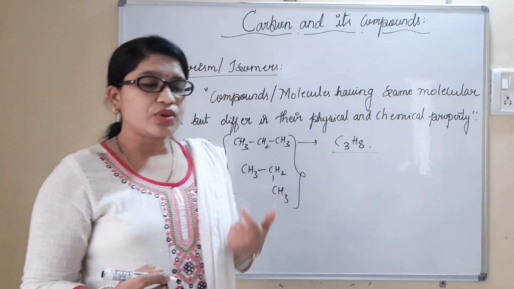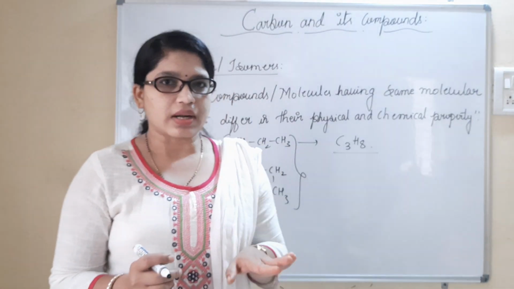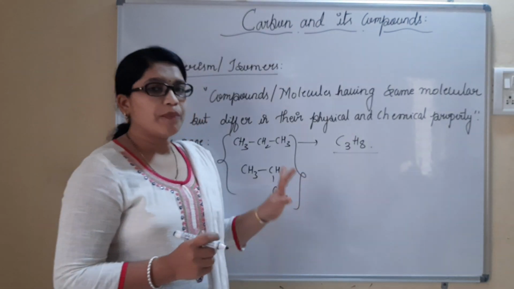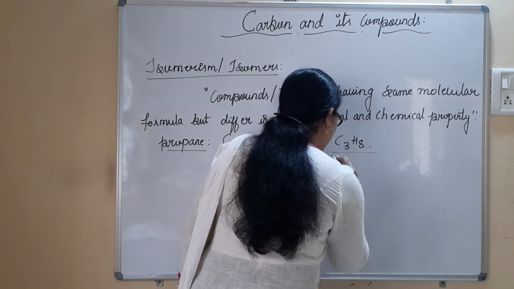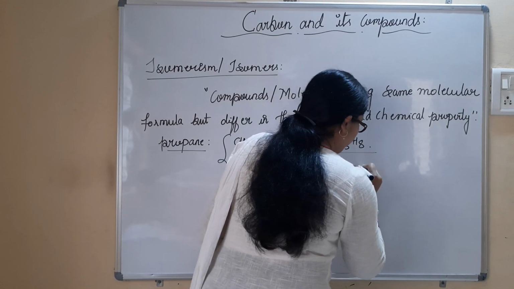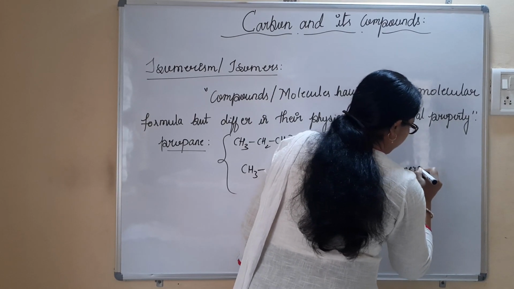What I am trying to explain with this example is that we cannot write isomers for up to 3 carbon compounds.